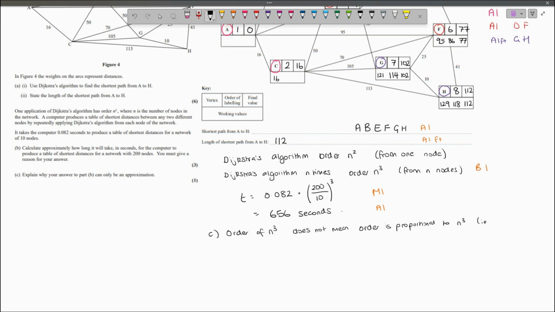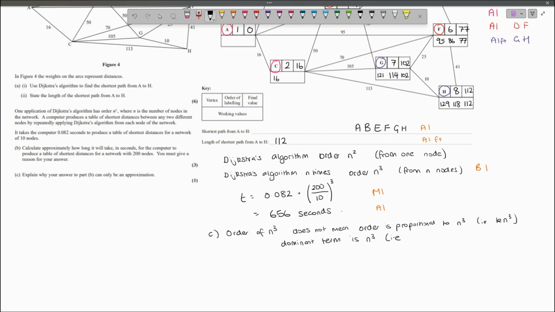So by that we mean some multiple of n cubed. What it actually means is that the dominant term is n cubed. Or the dominant term has an order of n cubed. So dominant term is n cubed.